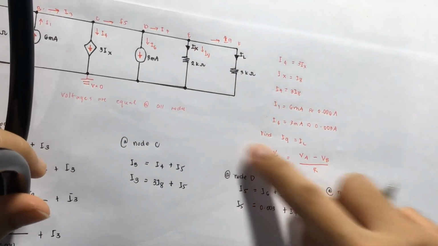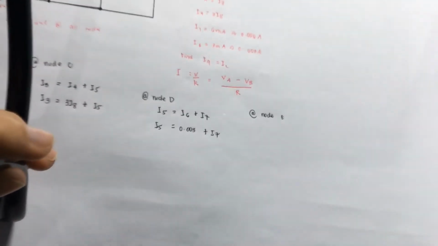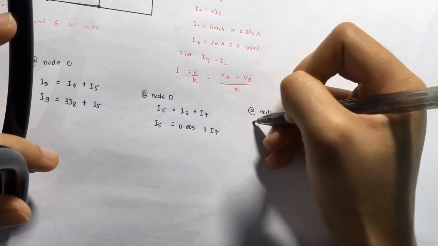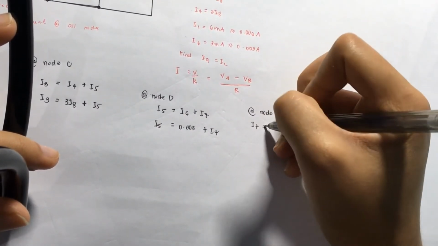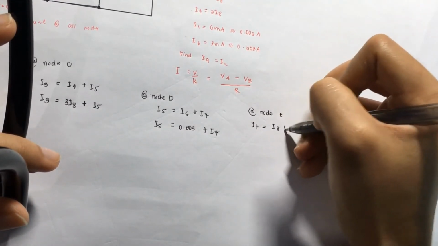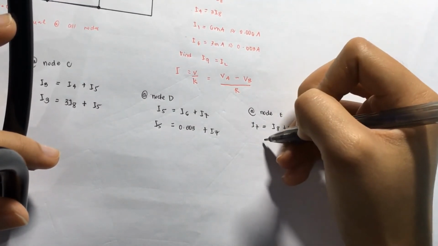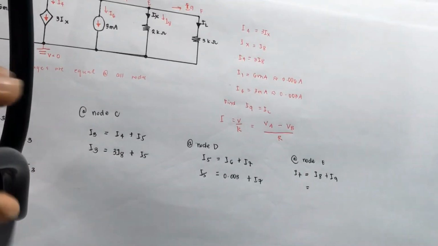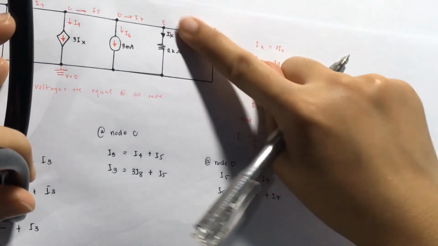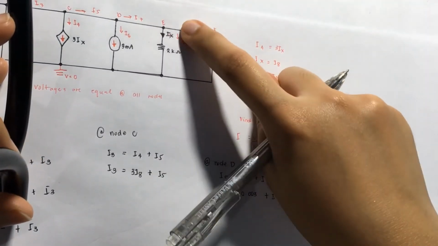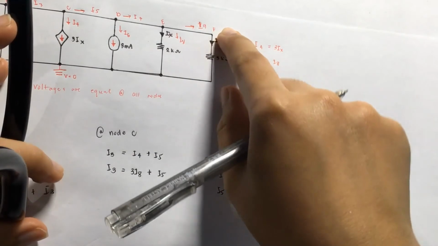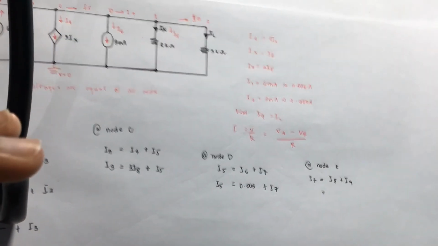Now we go to node E. What goes into node E is I7. We can see that it is a short circuit, so the voltage of node E and node F are equal to each other.